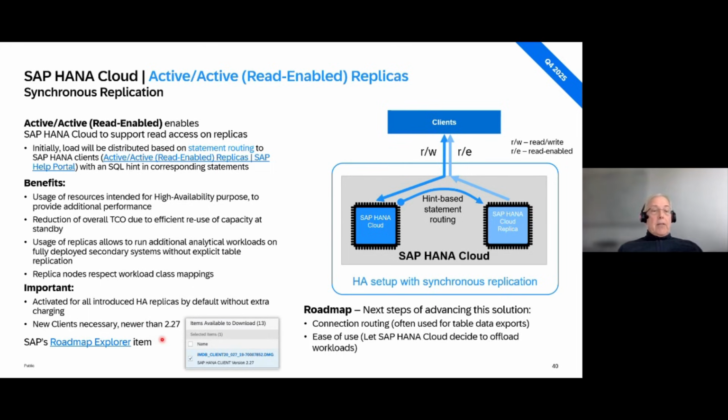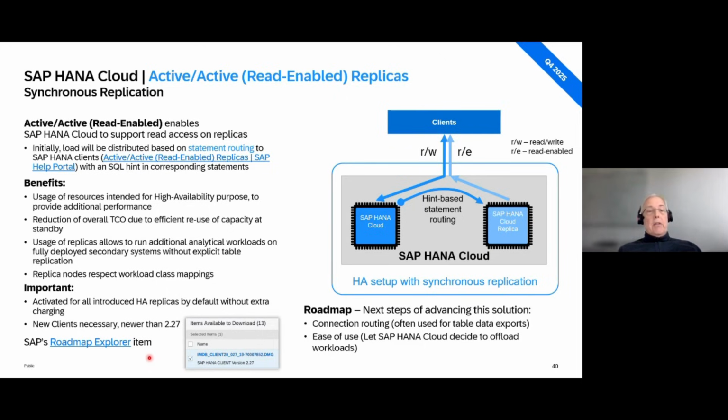And another very important piece of information is that you need a new client, at least version 2.27. As you can see here, the package name makes it easier, hopefully, for you to find it in the download center.